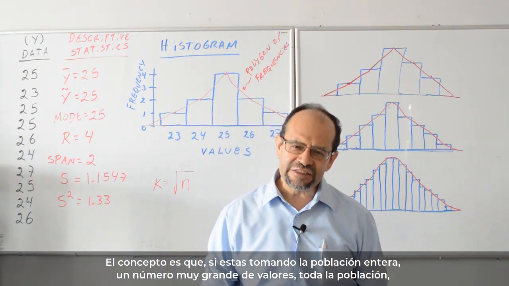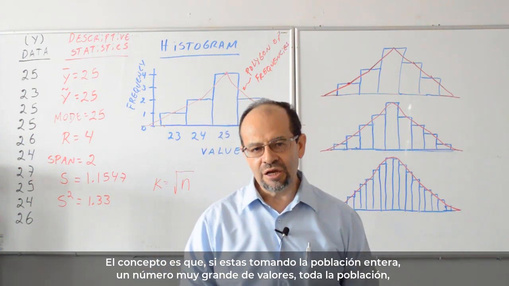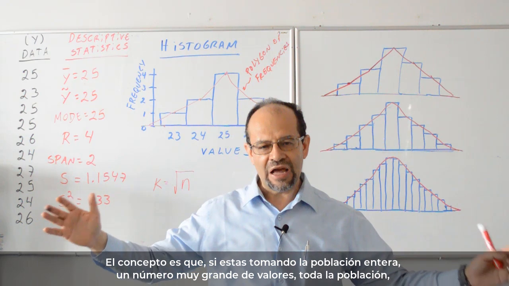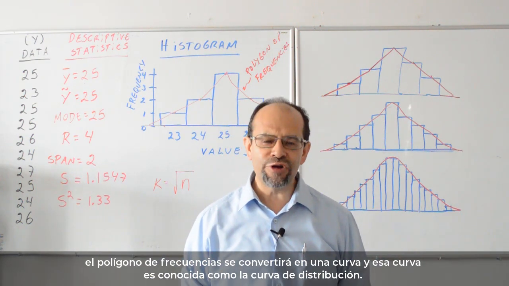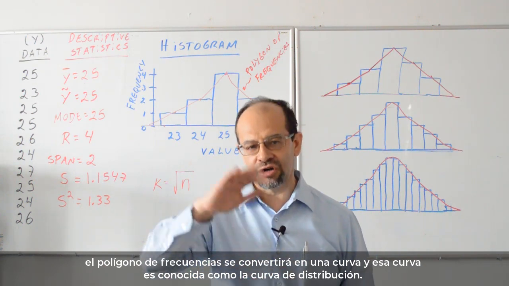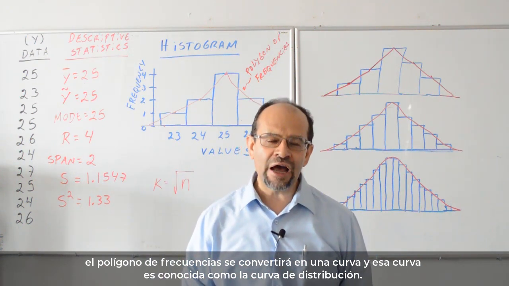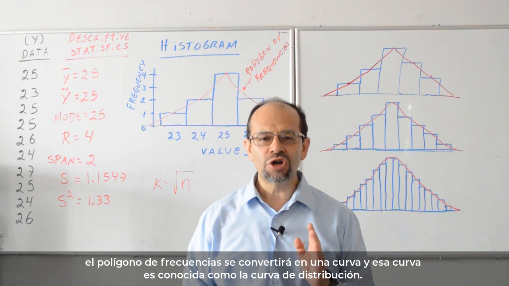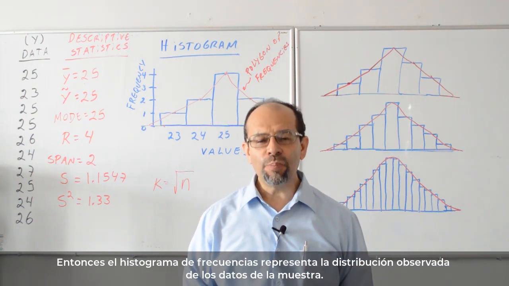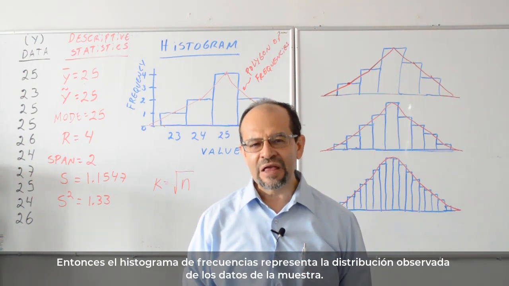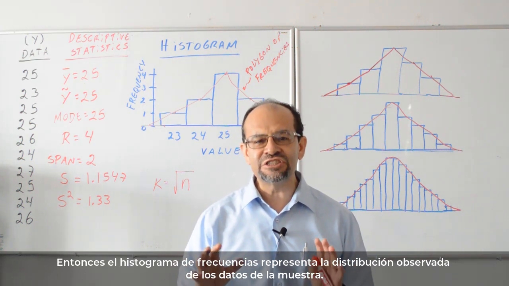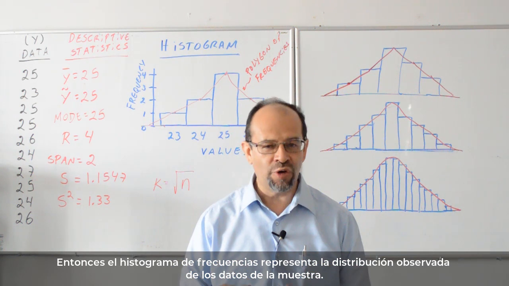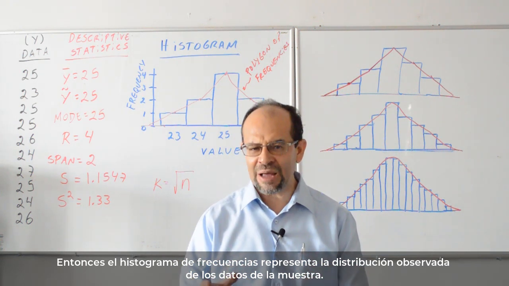The concept is that if you are taking the whole population, a big number of values, the polygon of frequencies will become a curve, and that curve is known as the distribution curve. So the histogram of frequencies represents the observed distribution of a sample.